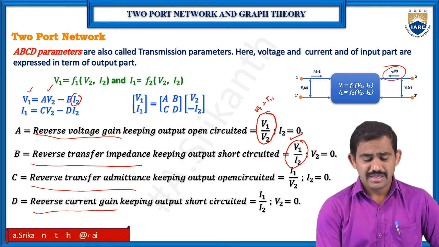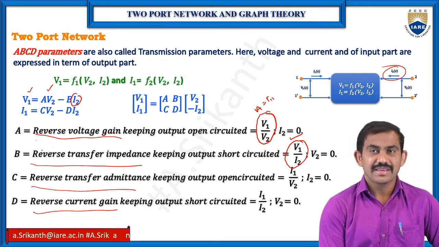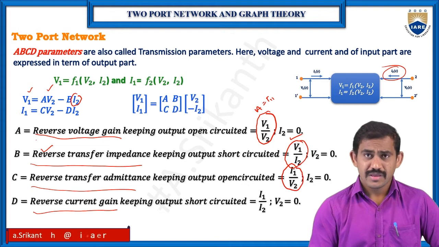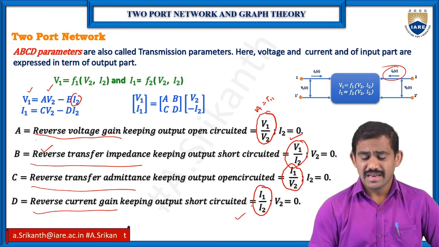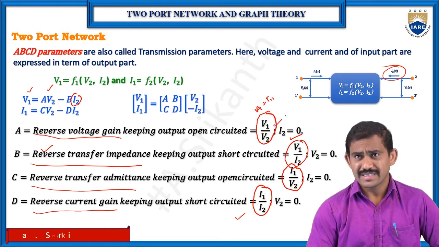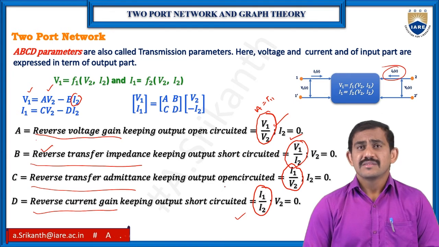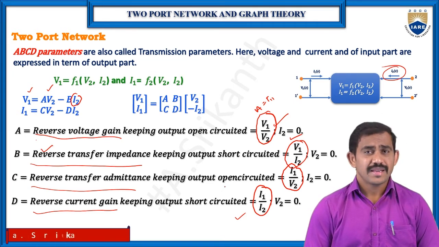If you compare with the equation, we have a minus value, so writing this minus, I said reverse. Same thing here, I1 by V2 and I1 by I2. I1 by I2 is current gain and V1 by V2 is voltage gain. You can find the voltage gain and reverse gain values also. These are the A, B, C, D parameters, the transmission parameters.